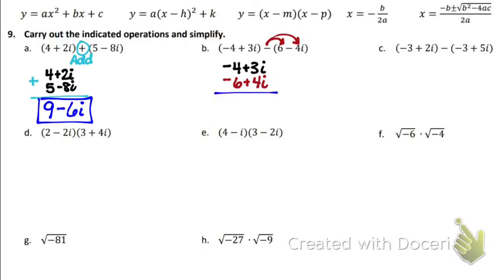And then we combine them together. What do I get when I combine my real parts? Negative 4, negative 6, put them together and get negative 10. 3i and 4i, put them together and get 7i.